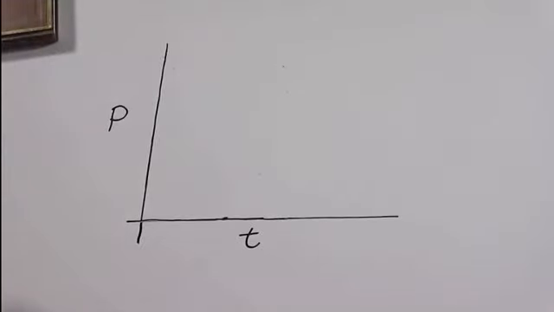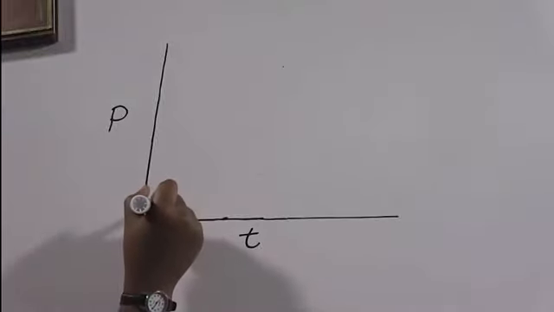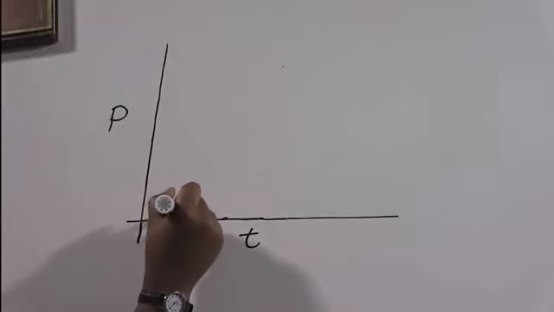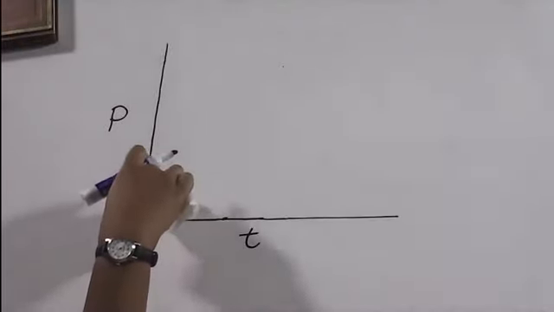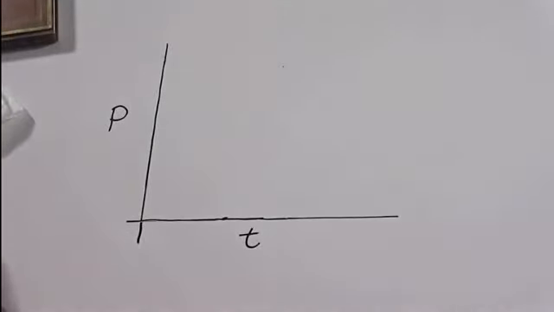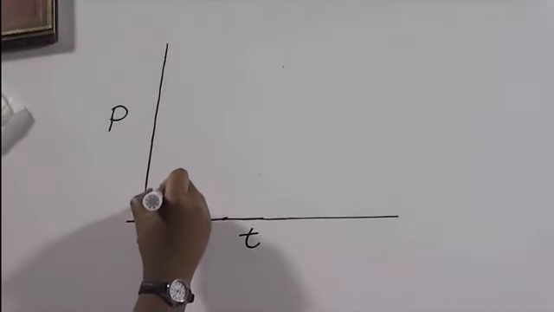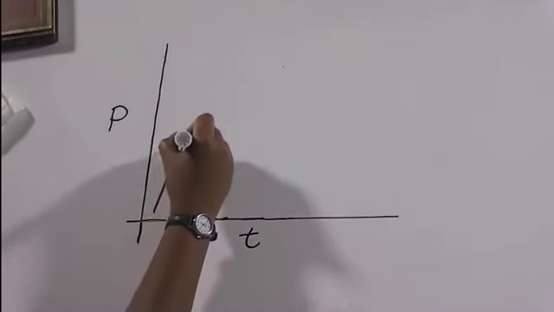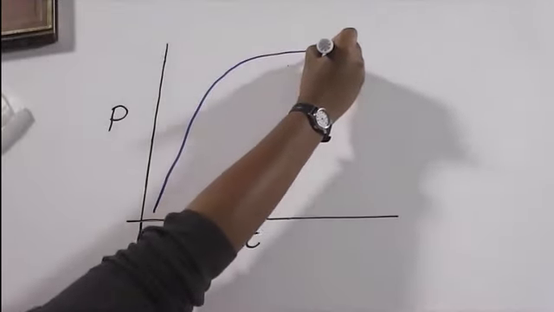Part B says that the price of the stock is close to maxing out. So we can visualize this by saying, over time, the price is rising, and then soon it begins to max out.